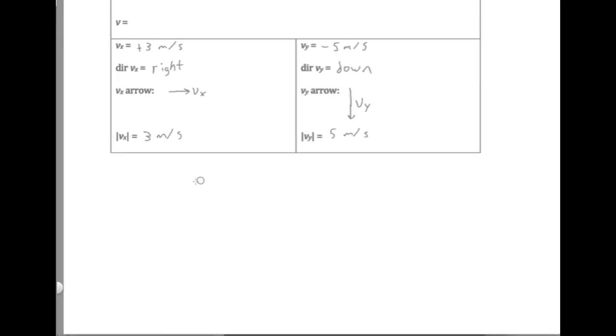So let's try to write the overall vector. Well, we can start by drawing Vx to the right, and then Vy down. Those are supposed to be horizontal and vertical lines. And this line, I'm not going to get this exact proportional again, but this line should at least be longer than this line.